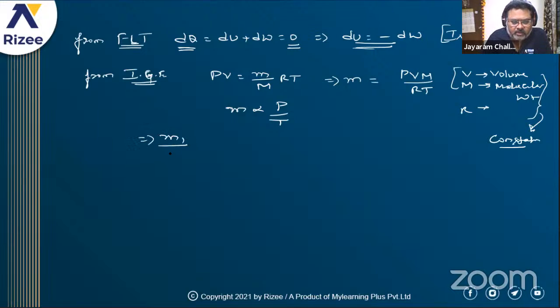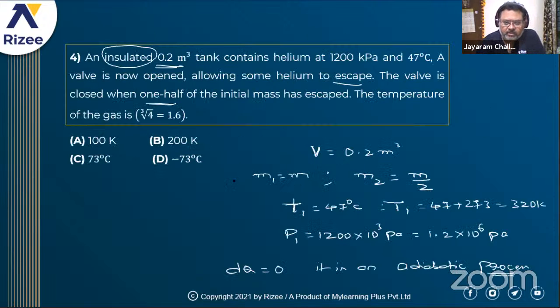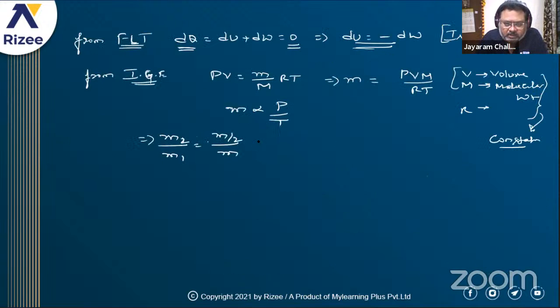So m2 by m1 is equal to: the m2 value is m by 2 and the initial mass is m. This information he has given in the question itself. That should be equal to the pressure, which is P2 by P1 into the T1 by T2 relationship.